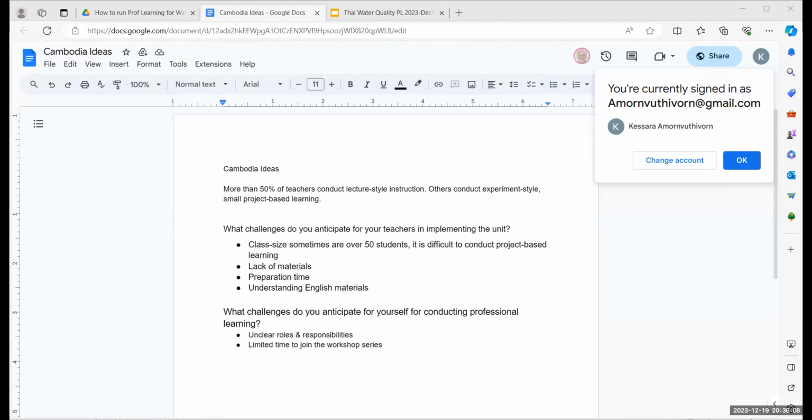But not all teachers use that. We also have different teaching styles like experiment-based, inquiry-based, and also project-based in the classroom. And the teaching style depends on the area of the school.